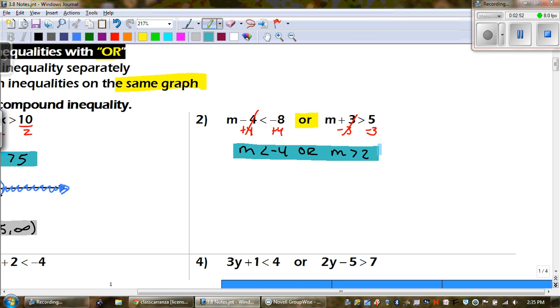Okay? So this tells me where I need to graph: negative 4 and positive 2. At negative 4 we're open, and we shade to the left. And at 2 we're open, and we shade to the right.